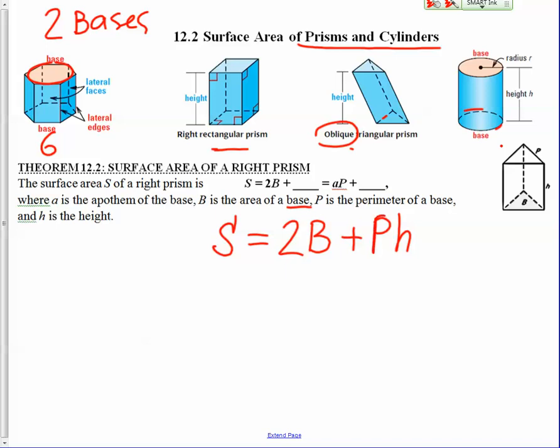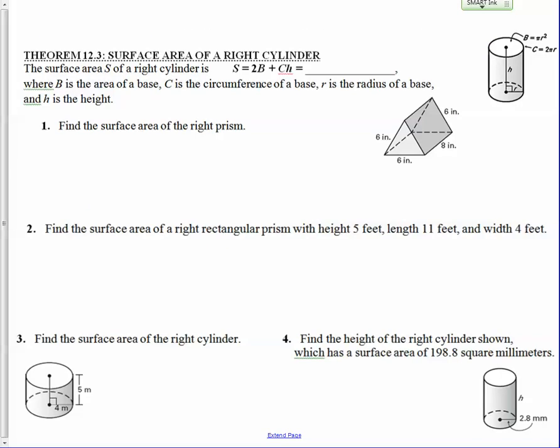Then comes the perimeter of the base. So you will need to add all the sides here or here or here to figure out the perimeter and multiply it by the height of your shape. The formula for the surface area of the cylinder is almost the same as the previous one.